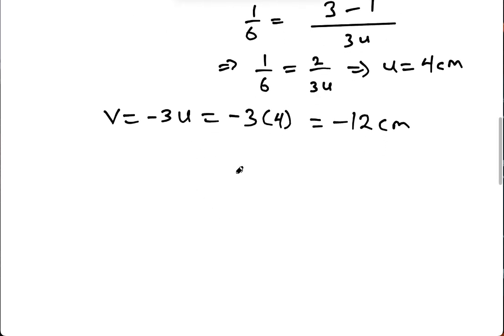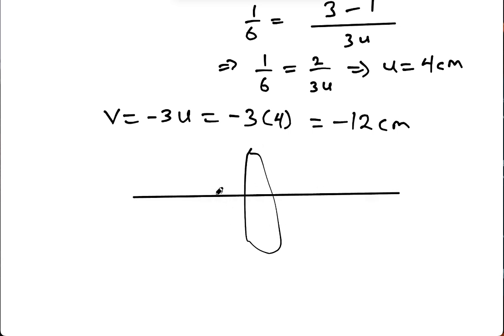So let's say this is the lens, and then we have the principal axis here. The object initially was at a distance of 4 centimeters. And that implies that the image was formed somewhere here as well, because it's a virtual image. And this virtual distance is 12 centimeters.